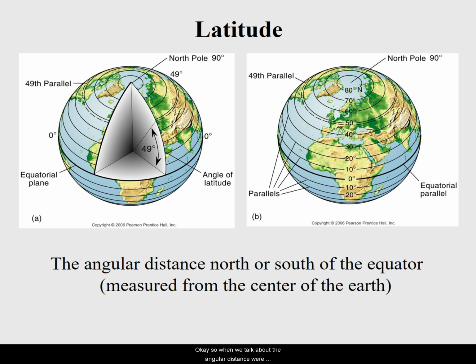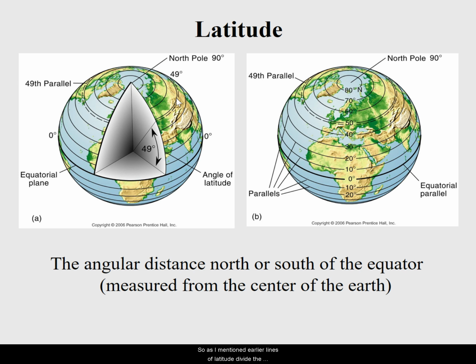When we talk about the angular distance, we're talking about coming to the center of the Earth, having a parallel line that comes out to our equator, and then having a line that represents an angle of measurement. So for example, if we took this line of latitude and followed it all the way around, this would be representing 49 degrees latitude because it's the angular measurement it's showing.